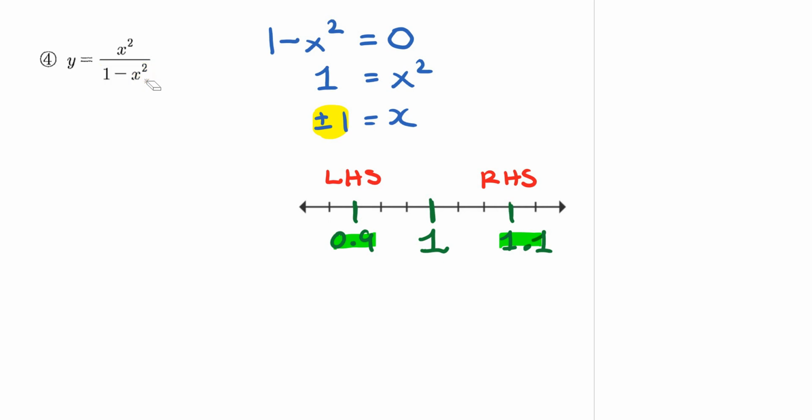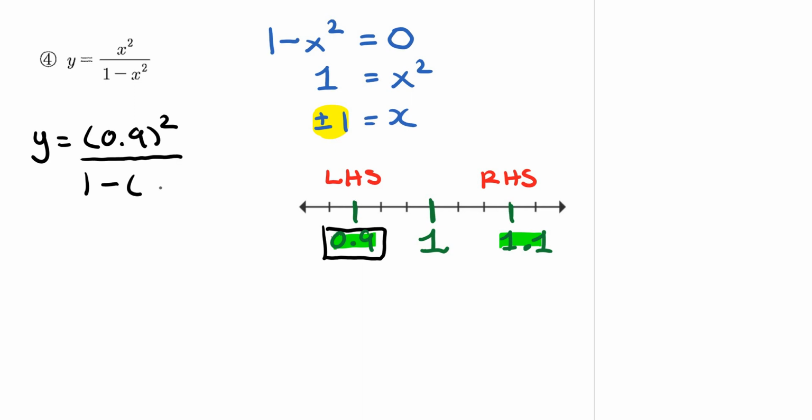Now we're going to plug these numbers back into the original function. Let's start off with the left-hand side, which is 0.9. If I plug that back into the original function, I get 0.9 all squared divided by 1 minus 0.9 all squared.